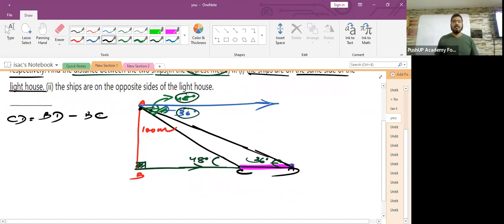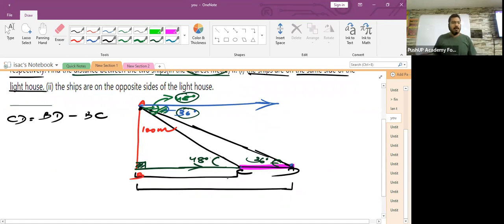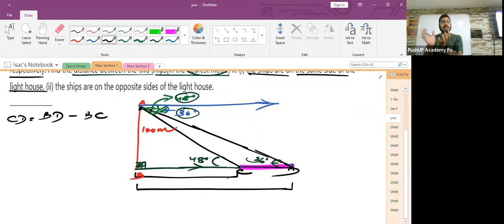Don't you agree with this? First, you find out the value of BD. Then you find out the value of BC. If you subtract the smaller value from the bigger value, that is BC from BD, the remaining portion will be CD.